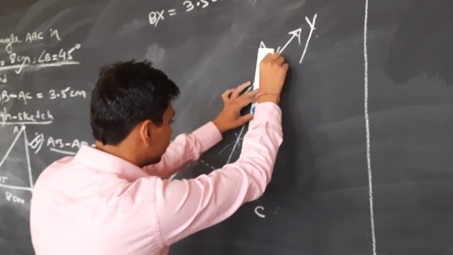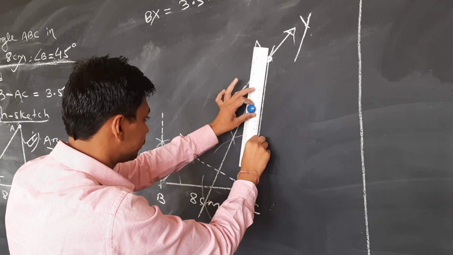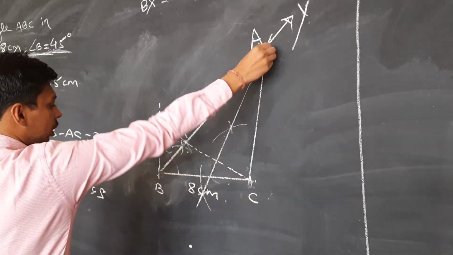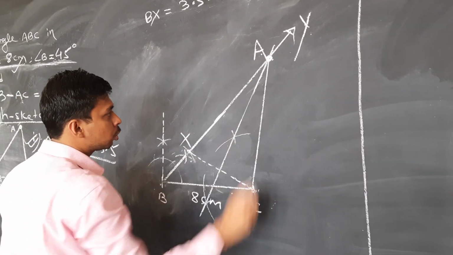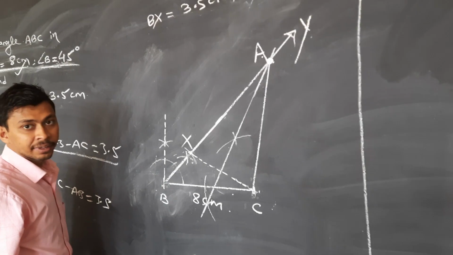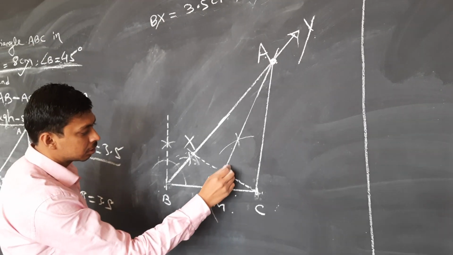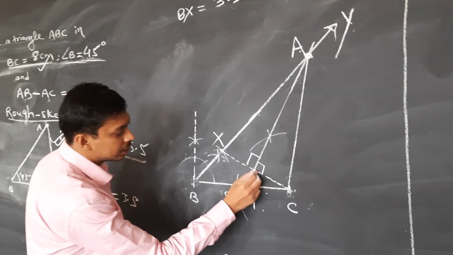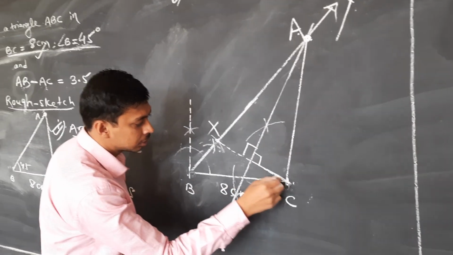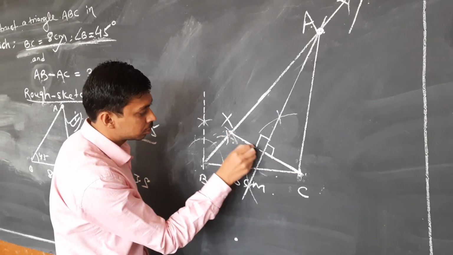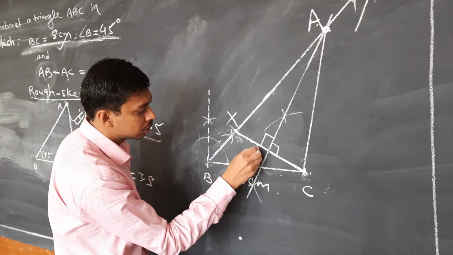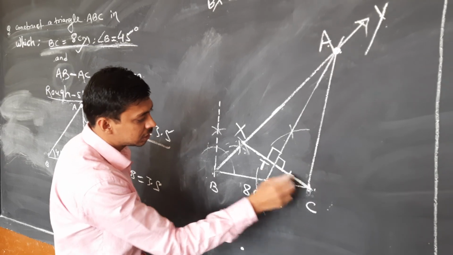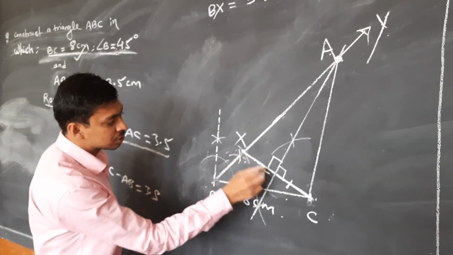So I have to join this A and C. So ABC comes out to be the required triangle. What you will see, this angle is 90 degree, and this length will be equal to this length. Suppose name it as T. So I am telling that CT is equal to XT.